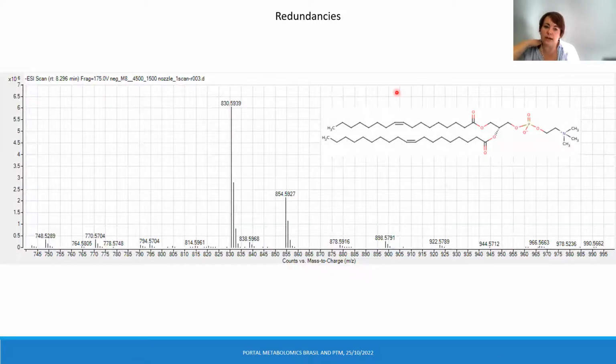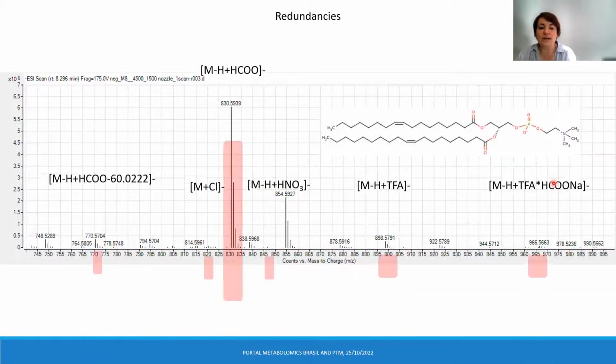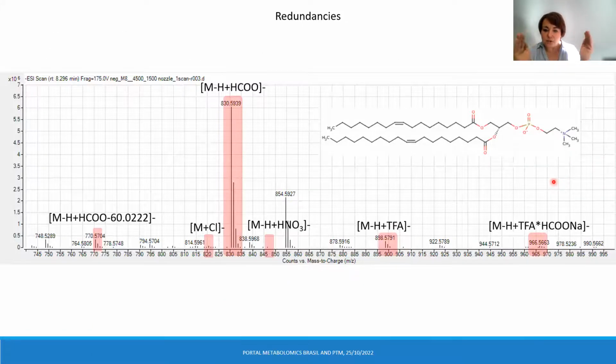Talking about different ion formation, I have to mention the problem of redundancies, which is especially common for lipids, and moreover those which carry some native charges, like phosphocholine. They have this fixed positive charge on the choline head group, and because of this they behave in a quite strange way in the ion source. And here you have just a snapshot of an MS spectrum.